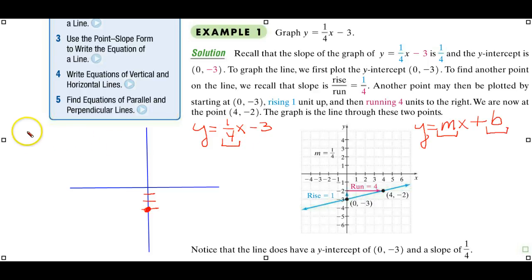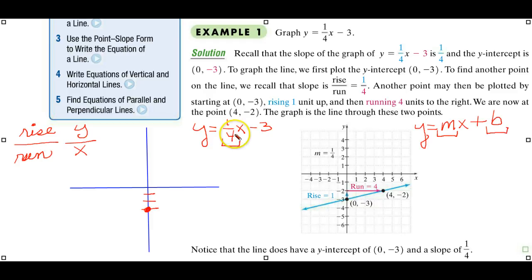Now we know slope is a ratio of rise over run, and it's y units over x units, and it's positive. Now there's different ways to do this, but I would suggest plot the run first.